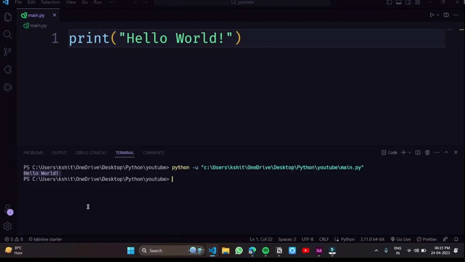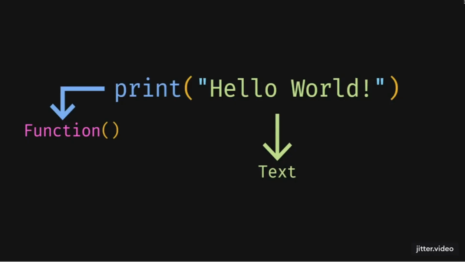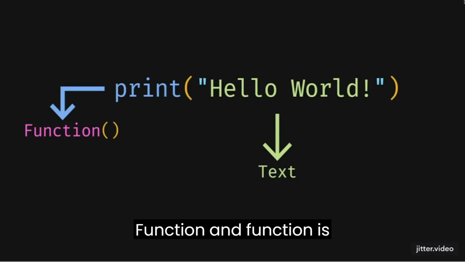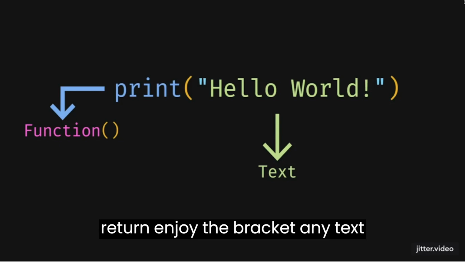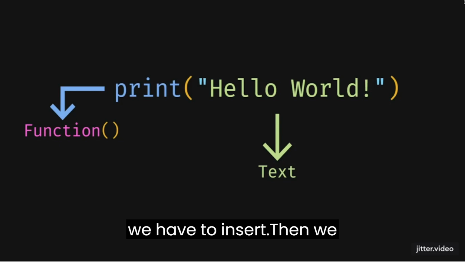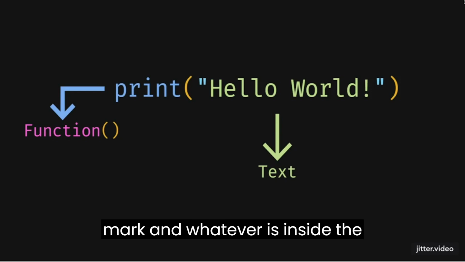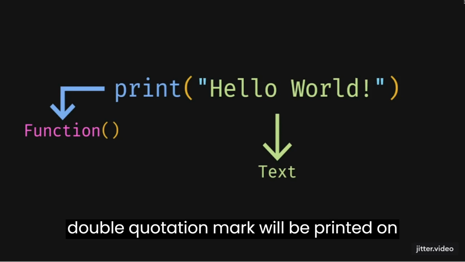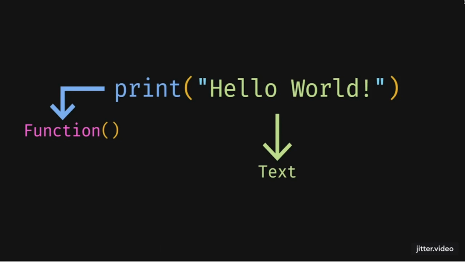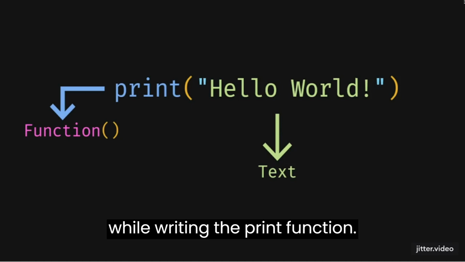Let's see, print is a function, and every function is written with brackets. Any text we have to insert, we insert in the double quotation marks, and whatever is inside the double quotation marks will be printed on the screen. Let's have fun while writing the print function.